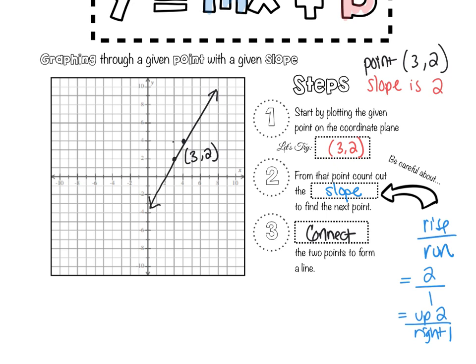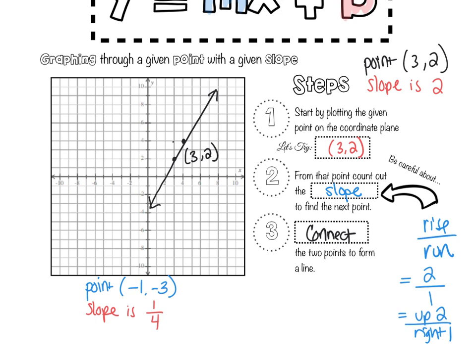If I give you that the point is (-1, -3), and I give you that the slope of the equation of the line is 1/4, okay? Let's look at how this line is going to be. If we follow these steps, first thing we're going to do is we're going to plot the point.